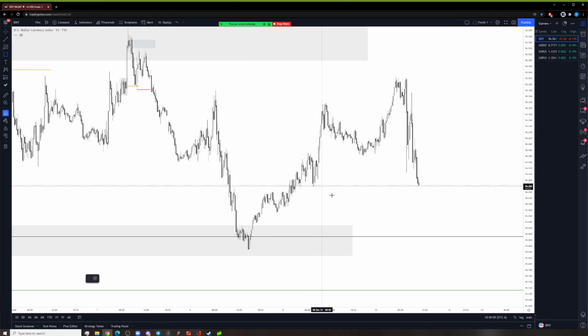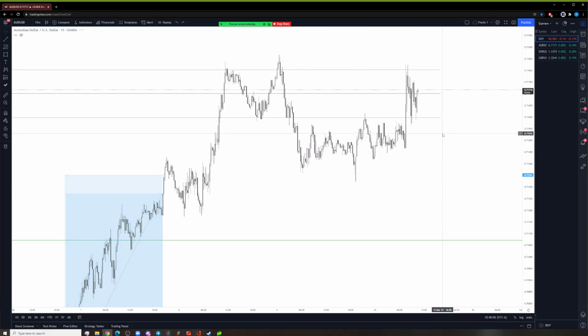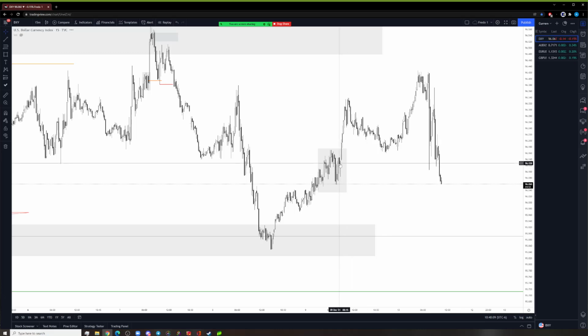This is what's important to note when studying these ranges. That is important, because this is showing to me that there is an internal reaction, meaning this is now a solidified high.